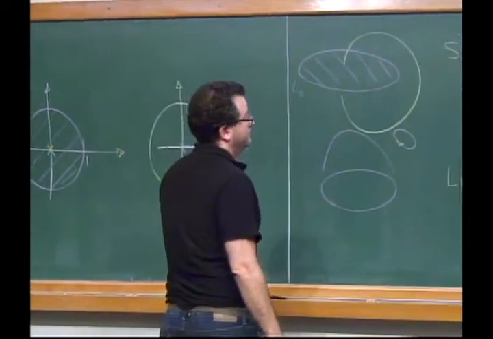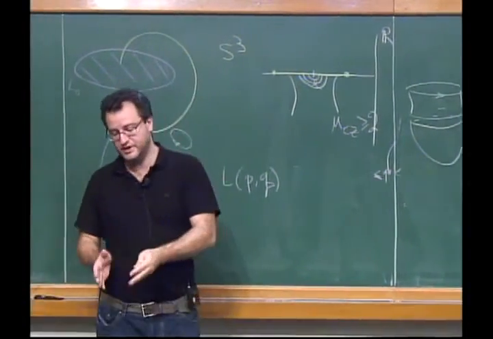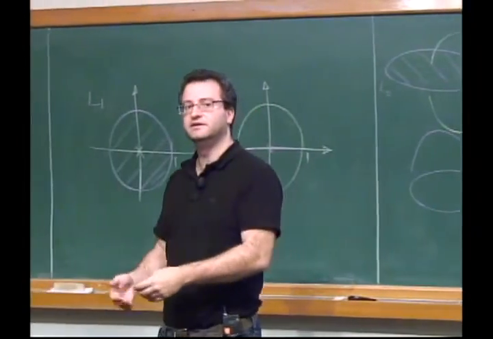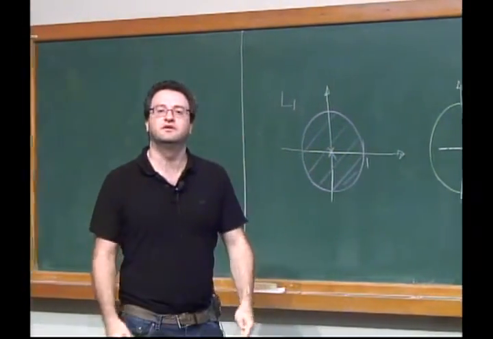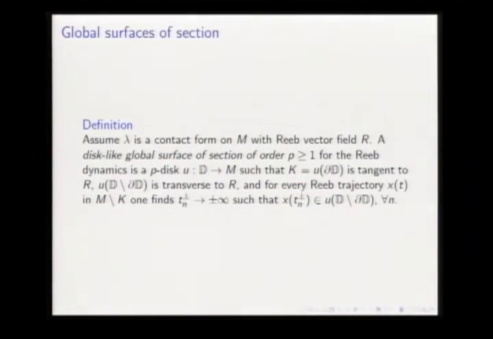And when we have these assumptions, now let's assume that we are already in the LPQ with the standard contact structure, and you have a one form with that given periodic orbit, which is P and naught, and monodromy Q. Then with those assumptions, you can produce an open book. So, each page of this open book is a global surface of section, which means that all the orbits will hit that given P disk infinitely many times in time.